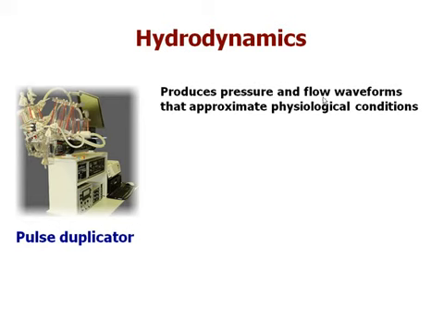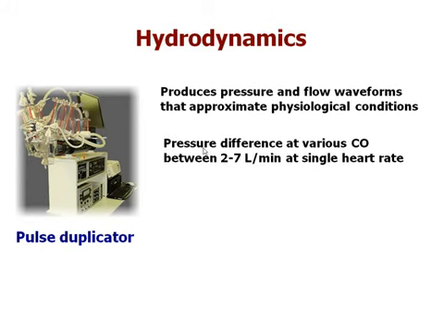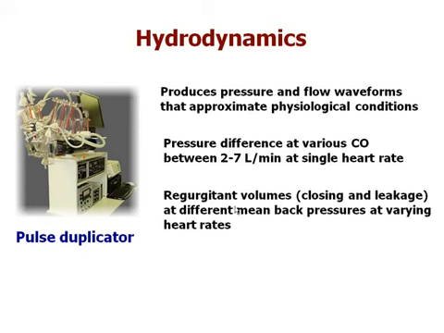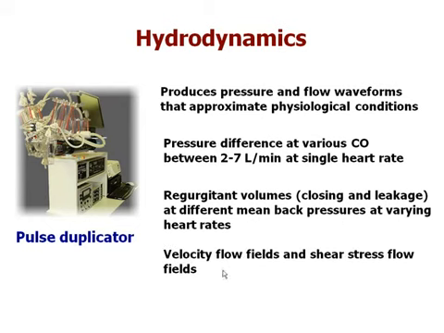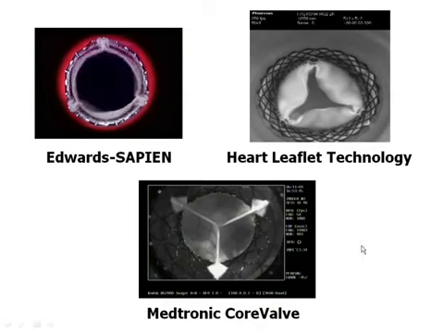It produces pressure and flow waveforms that approximate physiological conditions. You can create pressure differences at various cardiac outputs between 2 and 7 liters per minute at single heart rates. And you can calculate regurgitant volumes, closing and leakage, at different mean back pressures at varying heart rates. And you can also study velocity flow fields and shear stress flow fields.